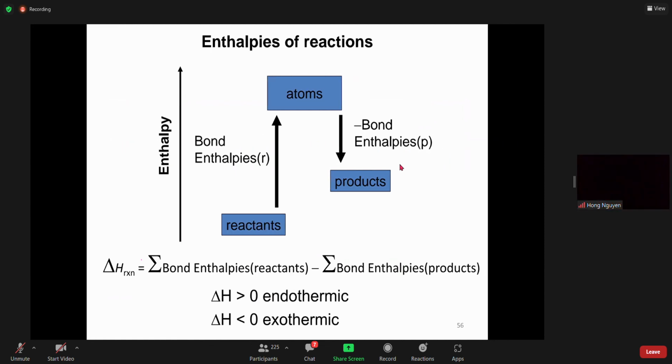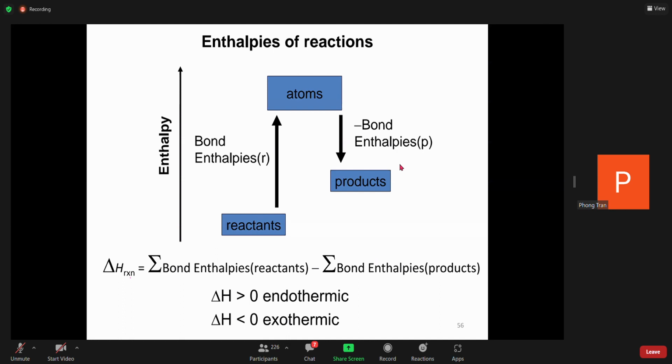Now, to calculate the enthalpy of reaction is quite easy with one simple idea that I remember. When I start from one position, from a reactant, I go to the single atoms, and then to the product, and I'll be back at the same point.